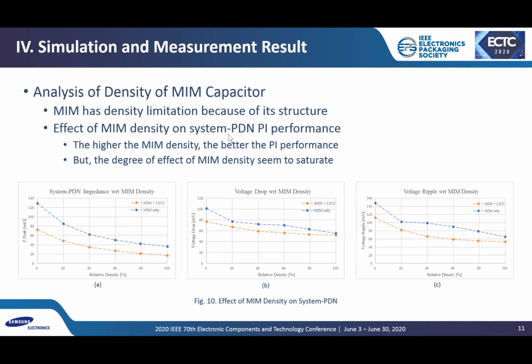As shown in Figure 10, the degree of effect of MIM density tends to saturate, but for PI improvement, the relative density of MIM to its core area is recommended to be more than 60%.